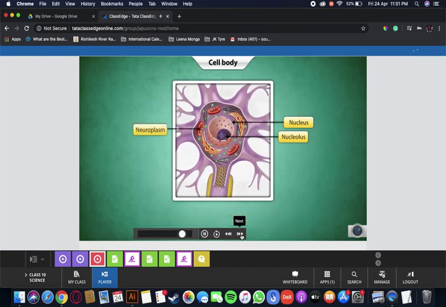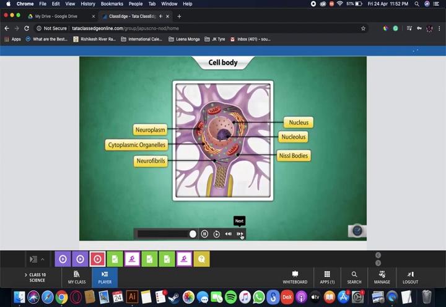The neuroplasm is the basophilic cytoplasm of the cell body, which is present within the cell membrane of the cell body. The neuroplasm of the cell body contains the Nissl bodies, neurofibrils, and other cytoplasmic organelles.